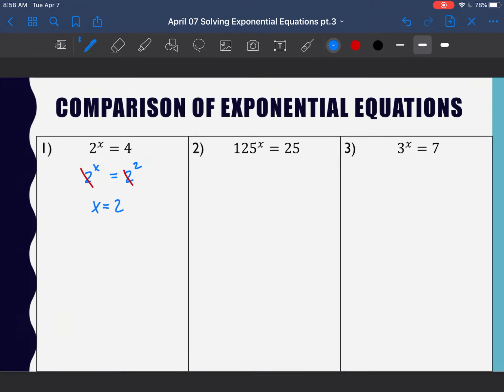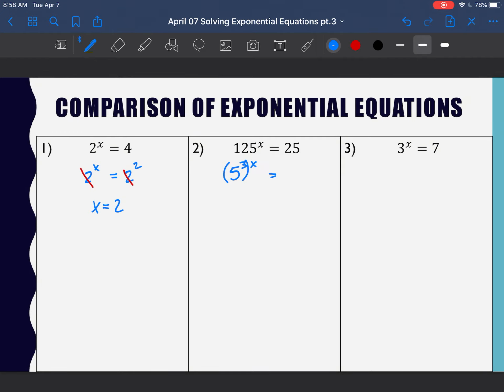Then yesterday's lesson, I showed you ones where you actually had to change both sides, because in that middle example, you can't change the 125 to match the 25. So then you had to change both of them to be exponents with a 5 as a base. So 125 was 5 to the third power.